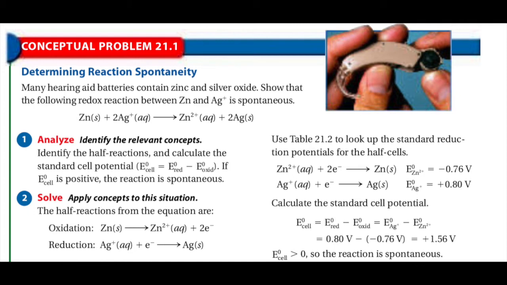So now you take the oxidation reaction and you write it as a reduction reaction. Okay, so you're going to look at it. As the oxidation reaction, it's zinc yields zinc plus 2 plus 2 electrons. So you're going to reverse it and write it as a reduction. And it says use table 21.2 to look up the standard reduction potentials for the half reactions.